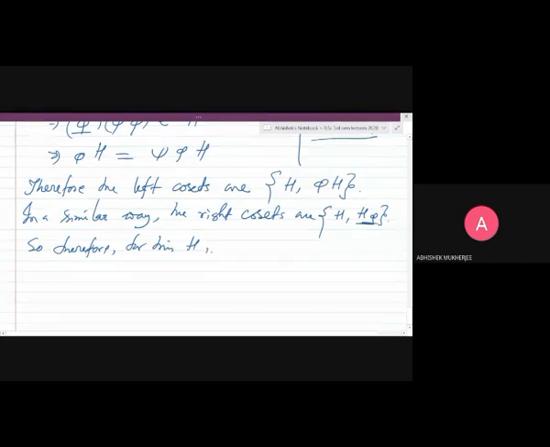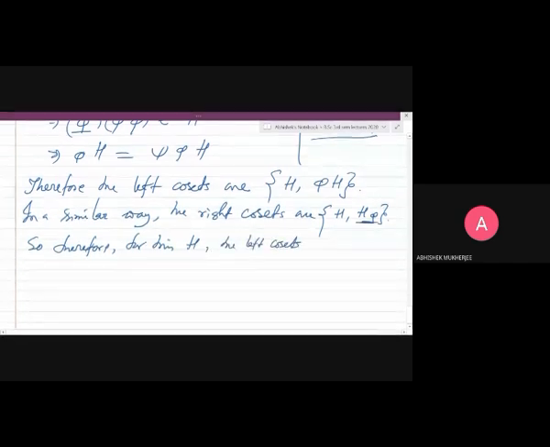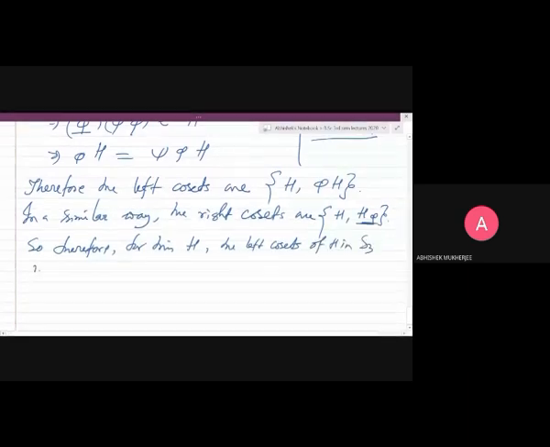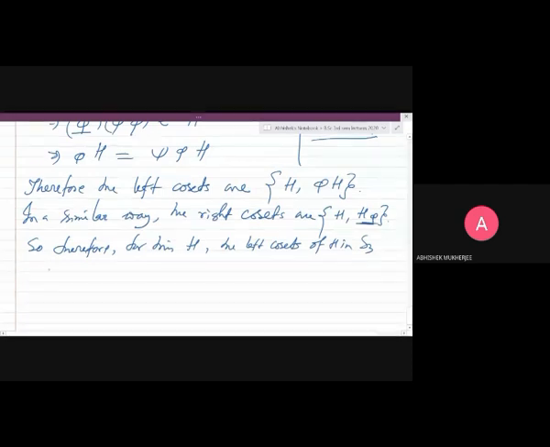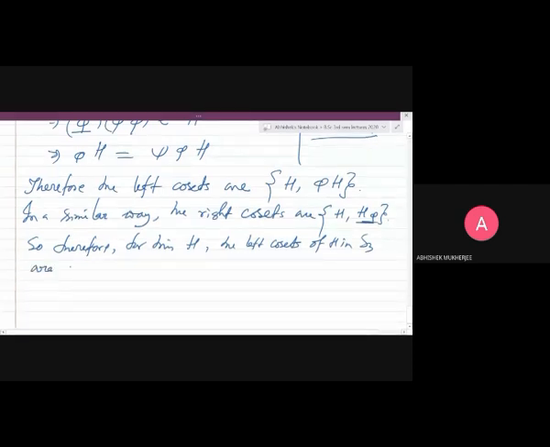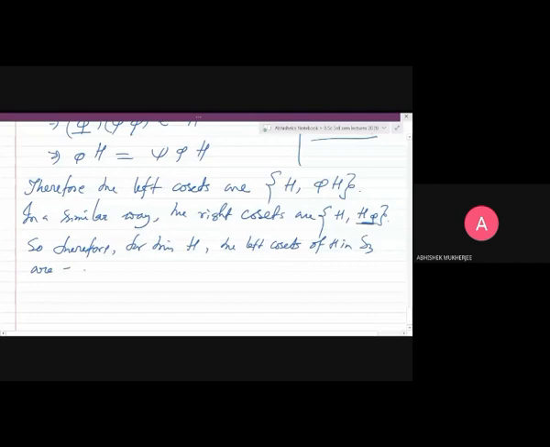For this H, the left cosets of H in S3 are equal to the right cosets of H in S3.